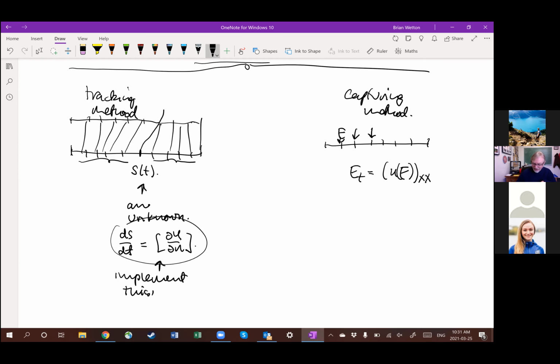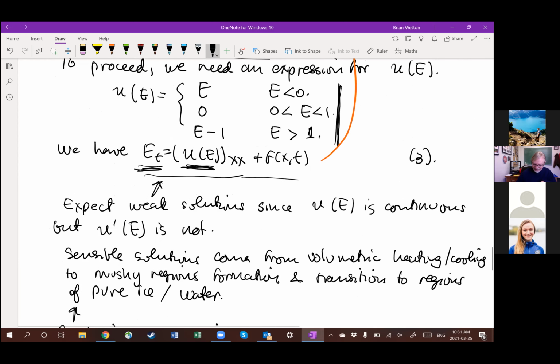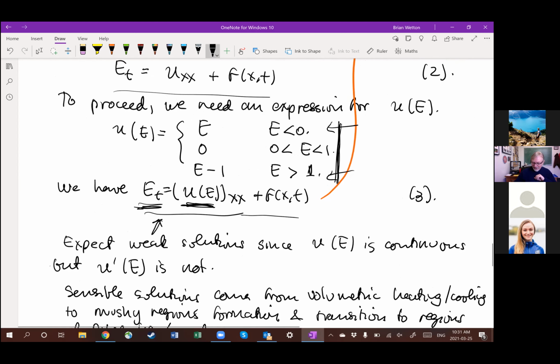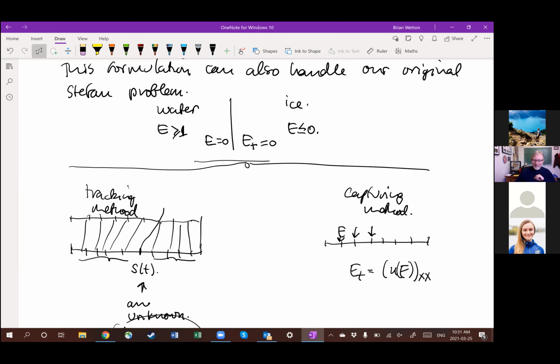Then you can look at the enthalpy and it will tell you afterwards that as the enthalpy went from 0 to 1 between those grid points, that's where the interface is, but there's no S of t that you're keeping track of here. You're just keeping track of E and looking at it to figure out where the interface is approximately. Does that answer your question? Okay, yes, says Julie. Okay, good.